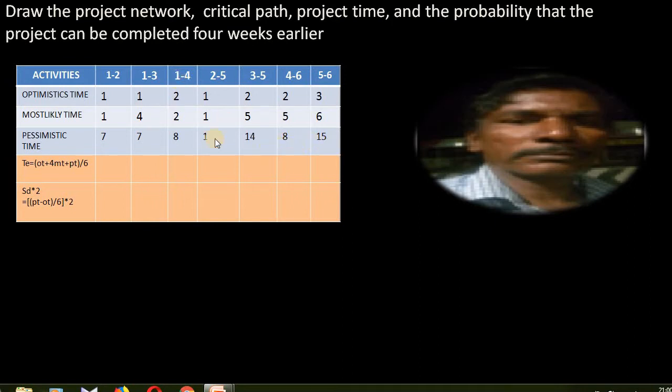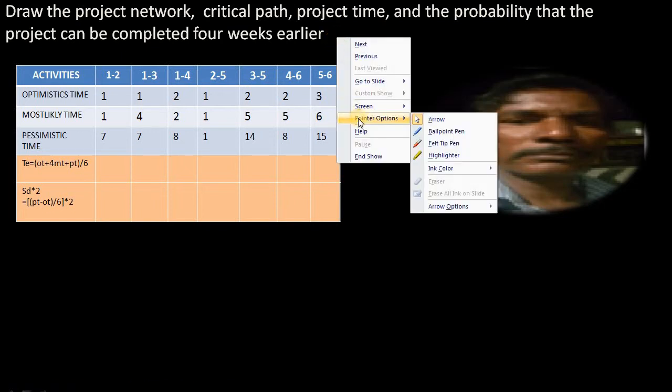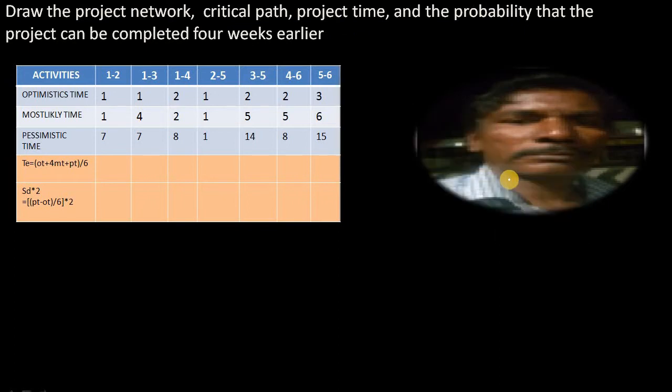So now we have to draw a network for this problem. Then afterwards we find the critical path, the project time, and lastly the probabilities. Now let us start with drawing the project network.